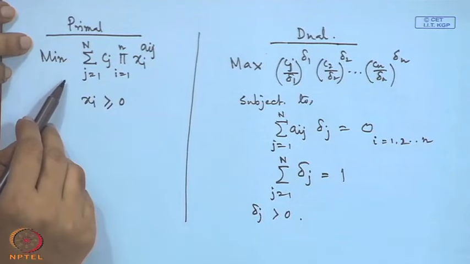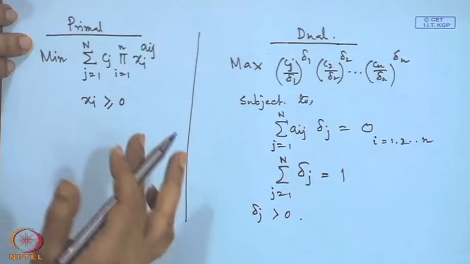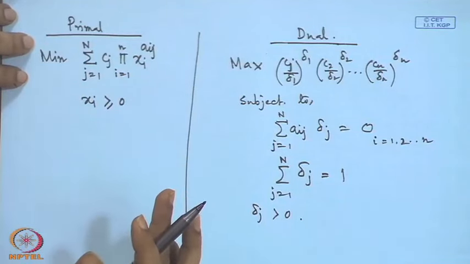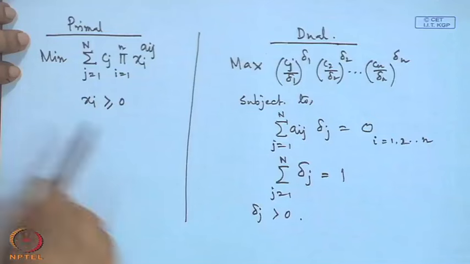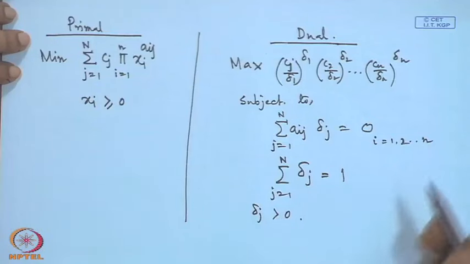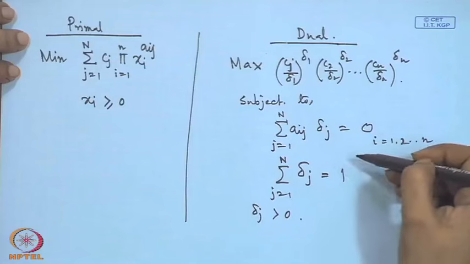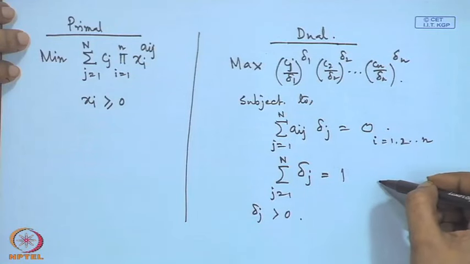Thus, we see that the geometric programming methodology has been developed in such a way that we are not concentrating on the primal problem; instead we are concentrating on the dual problem, where we maximize the dual function subject to the orthogonality conditions and the normality condition.